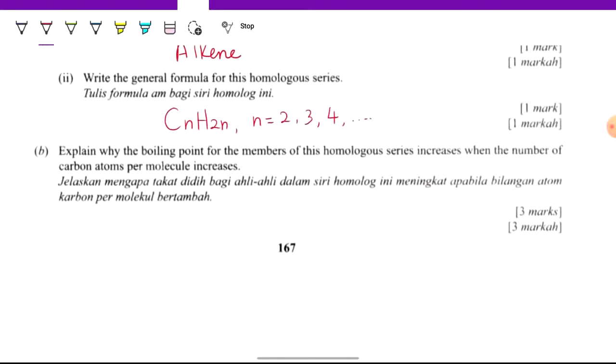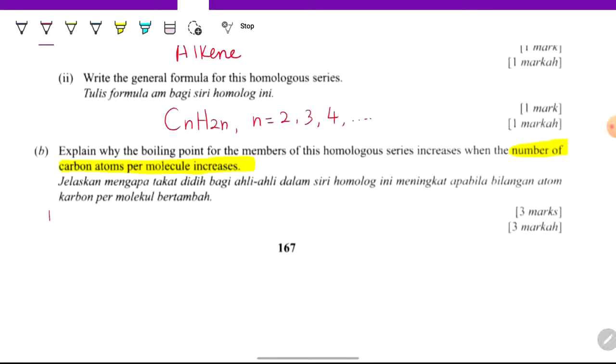B. Explain why the boiling point for the members of this homologous series increases when the number of carbon atoms per molecule increases. So meaning that here, if you see when the number of carbon atoms per molecule increases, what will happen? So there are 3 marks here.